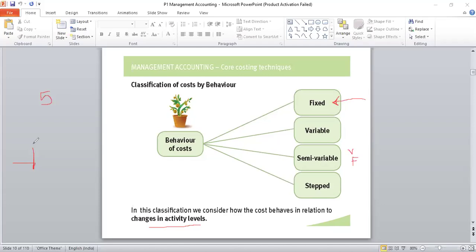After that, it increases, and this increased amount will continue to be the same until it touches the next level. After that, again it rises, then again it remains the same. It goes on like that. So when we look at that, it looks like steps. So this is also called step cost.